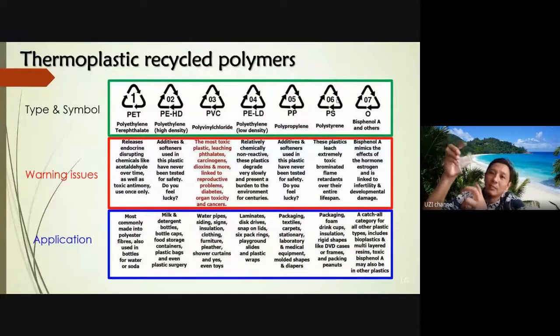We can see on the bottom the code of this thermoplastic recycled polymer. For the plastic glass of our mineral water, normally it uses PP, polypropylene, number 5. So basically, it can be reused.